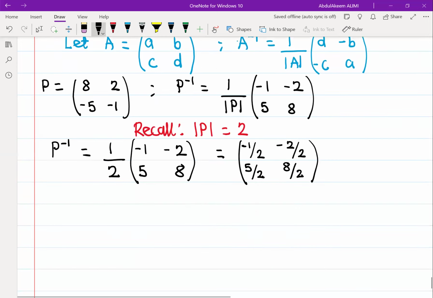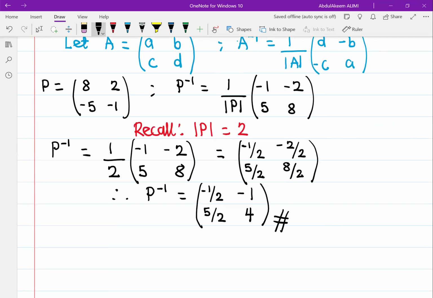Therefore, the matrix P inverse is minus 1 over 2, minus 1, 5 over 2, and 4. So this is the value of my P inverse.